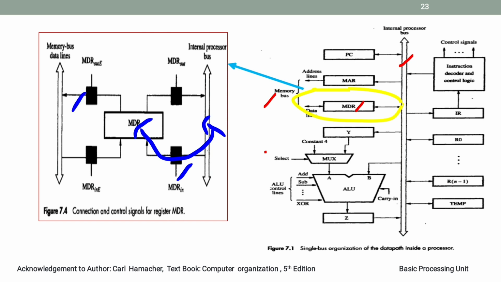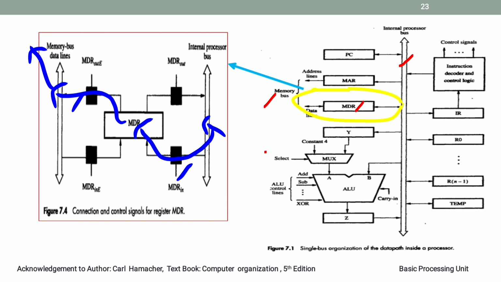So from MDR that content is copied onto the memory bus data lines, and from here it is sent to the memory location specified in the instruction. This is how, using MDR, the processor communicates with memory for read and write operations. Through MDR only it sends the word to memory or takes the word from memory.